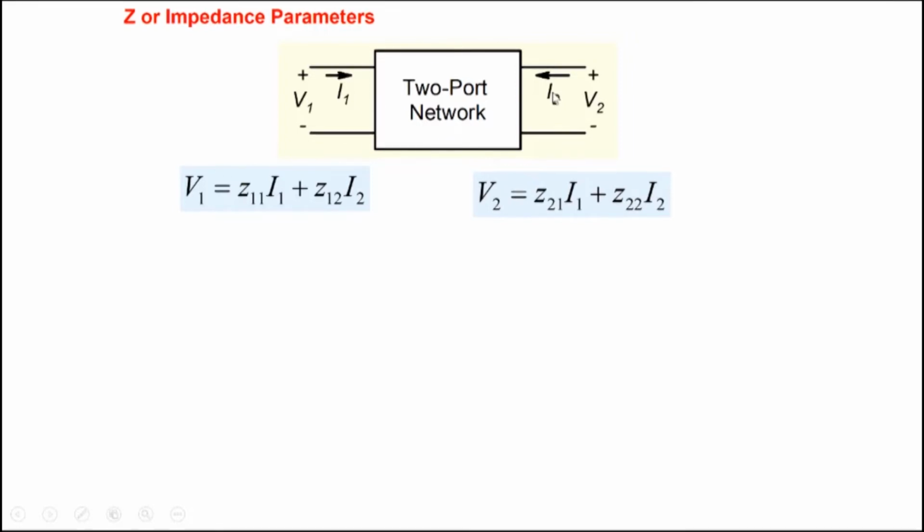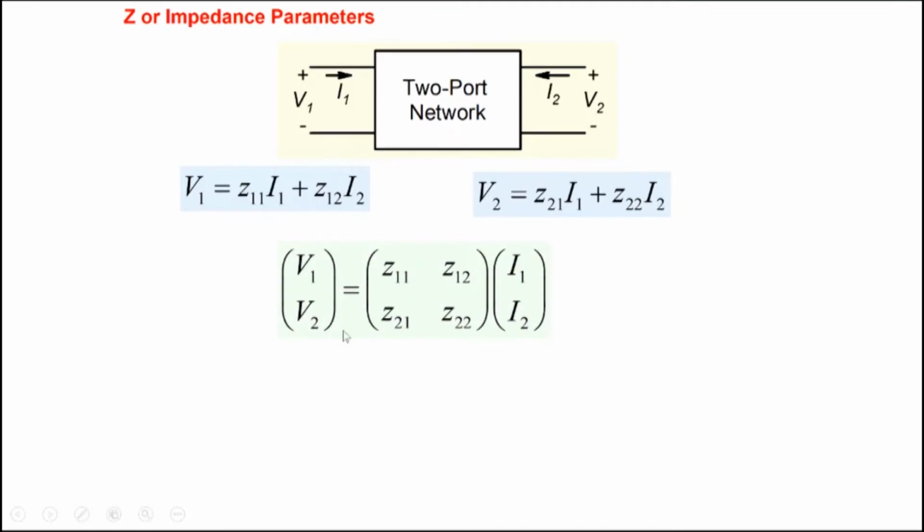If I1 and I2 are 2 independent variables, then V1 would obviously, because it's a linear network, depend linearly on I1. So V1 is linearly dependent on I1, and V1 will also depend on I2 in general. So Z12 times I2 here. So Z11, because the voltage is V1 and the current is I1, that's why Z11 here. And similarly, the current is I2 and the voltage is V1, so that's where we have Z12 here.